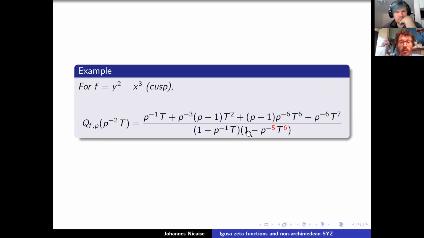So this is the factor which is there when there are no singularities at all. And then here we have an additional factor, which is related to the singularity of the cusp at the origin. The exponents that appear in this factor, 5 and 6, you should keep in mind because they will appear again in a moment in a seemingly different context.